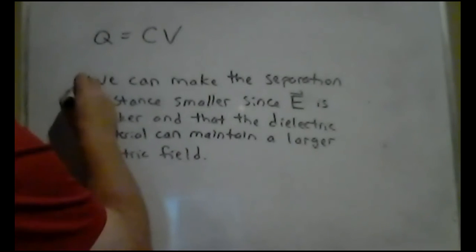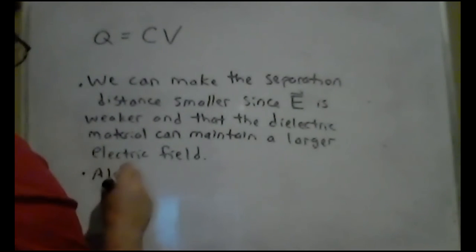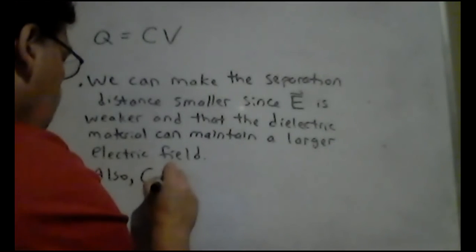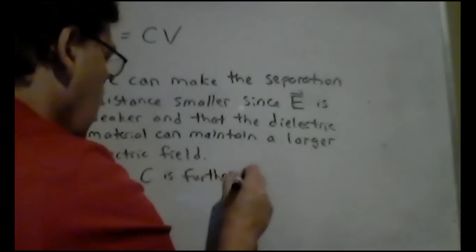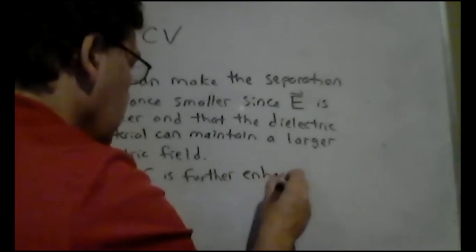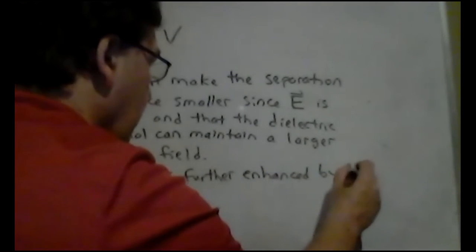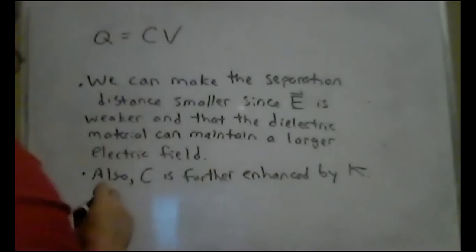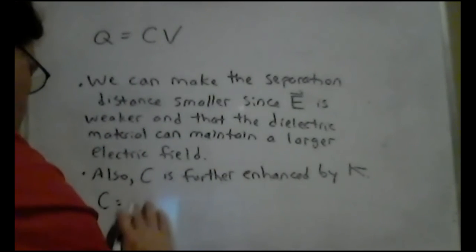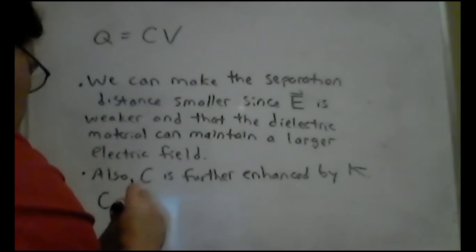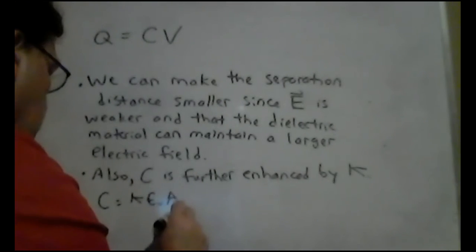Also, the capacitance C is further enhanced by the dielectric constant kappa, right? So we have that C is kappa epsilon naught A over D.